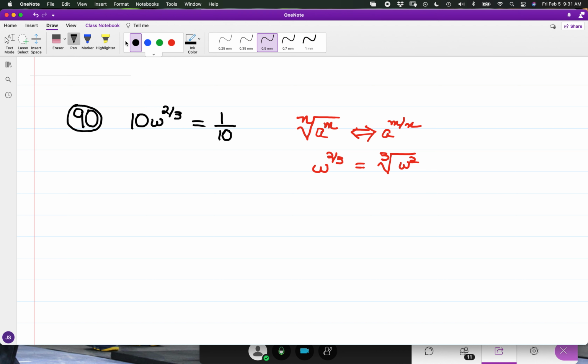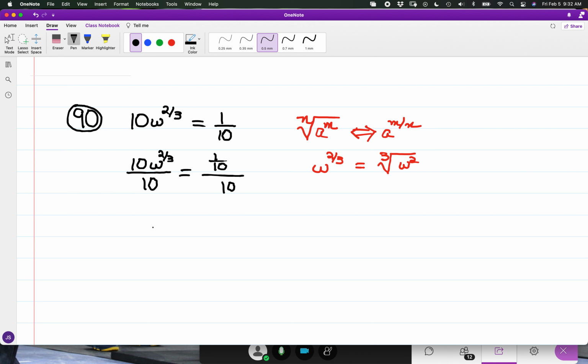For this equation, I'm going to isolate w to the 2/3 upon division. So you have 10w to the 2/3 over 10 is equal to 1/10 divided by 10.